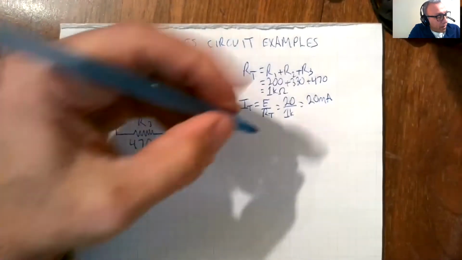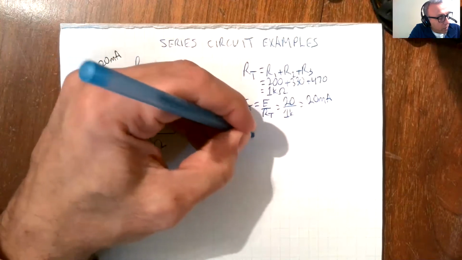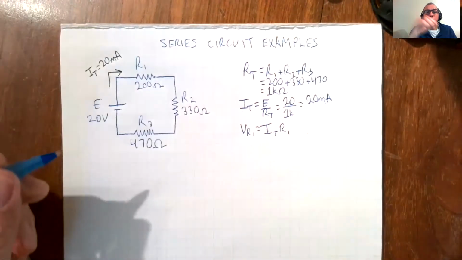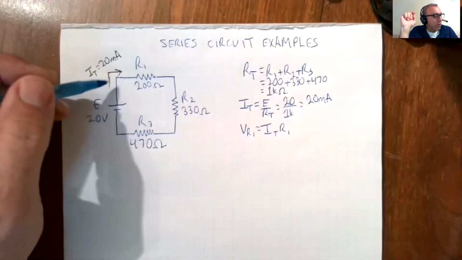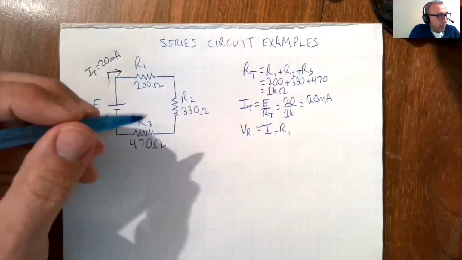Now, to find the voltage at each resistor, to find VR1, we'll do IT times R1, because we know IT is also the current through R1, through R2, and through R3.